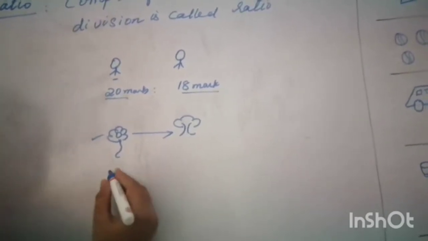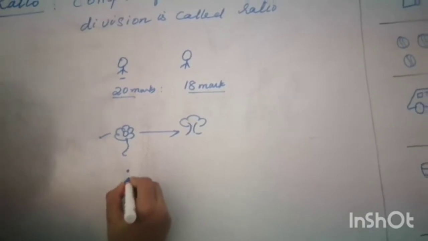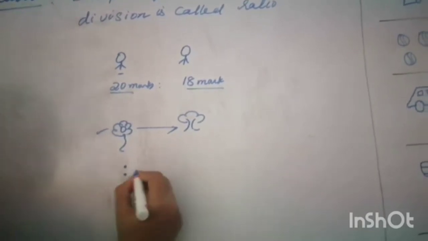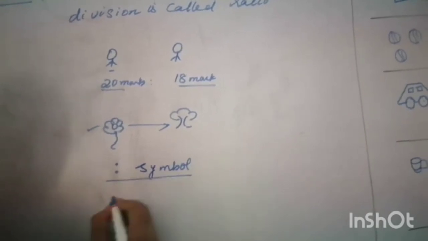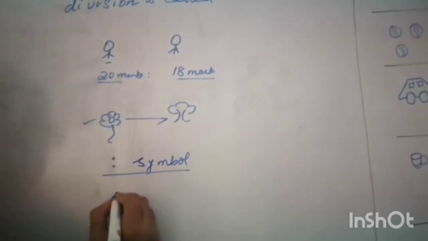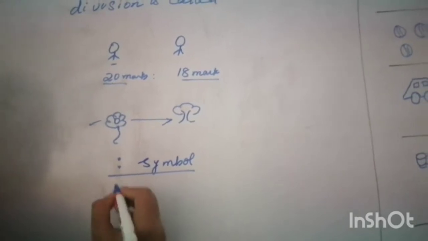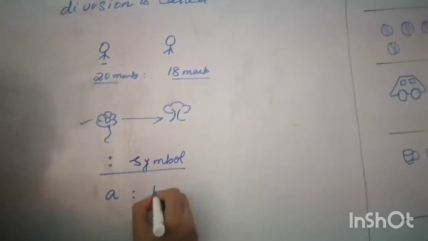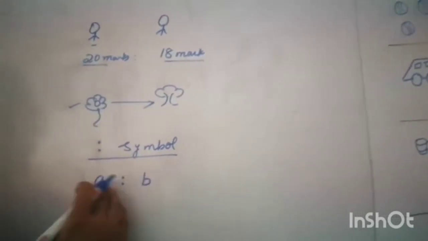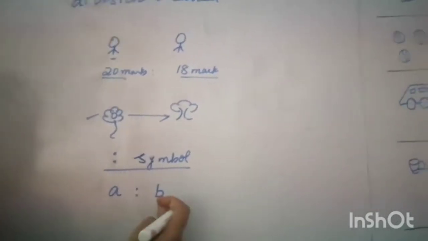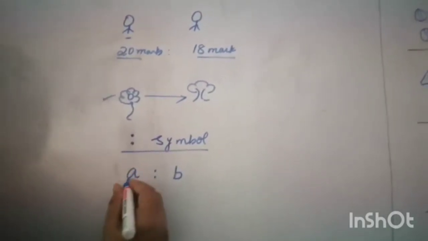For example, the symbol of ratio is two dots. In this we have a first quantity, let us take it as A, and the second quantity as B. Maybe it is flowers, marks or students.